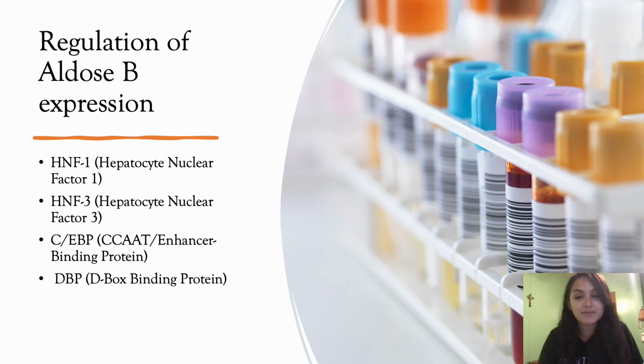By binding to specific regions of the ALDOB gene, these transcription factors activate its transcription and promote the synthesis of aldolase B. This regulation ensures the proper functioning of aldolase B in hepatic glucose metabolism, glycolysis, and glycogen synthesis, maintaining glucose homeostasis in the liver.